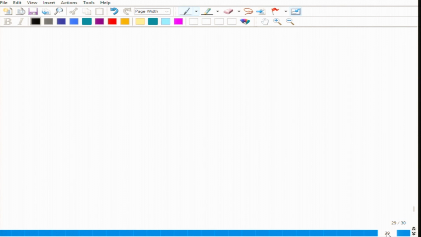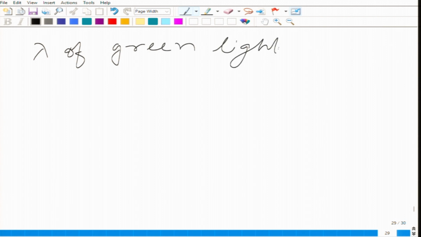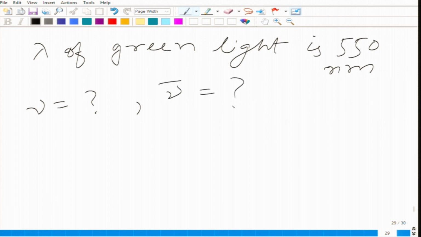So let's quickly see one example, like if lambda of green light is 550 nanometer, then how will we calculate the frequency and wave number.